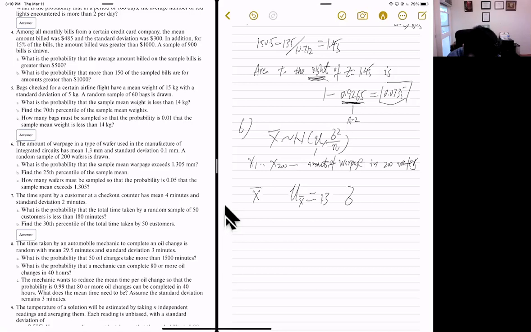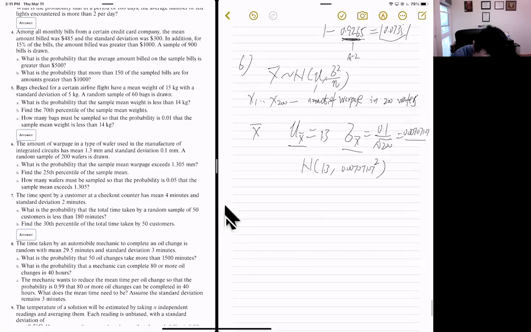And the standard deviation of the sample mean is 0.1 over square root of n, which is 200. So that is 0.00707107. So that's the mean value and the sigma. So x follows a normal distribution of 1.3 and 0.00707107 squared.